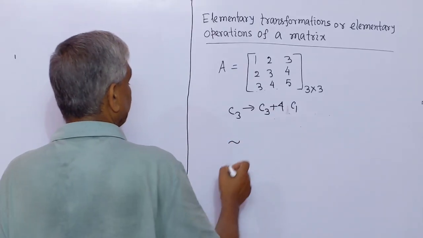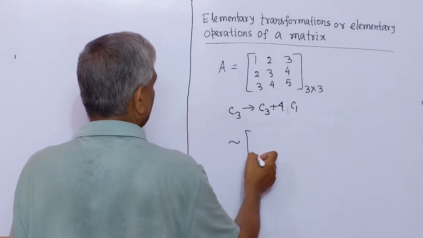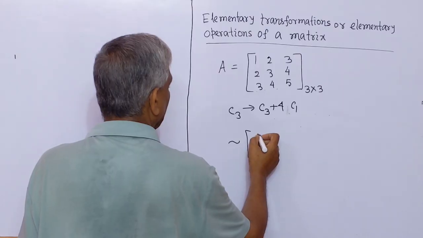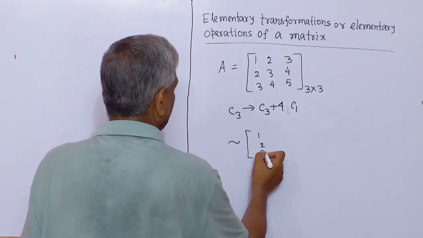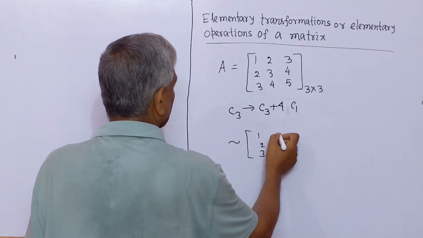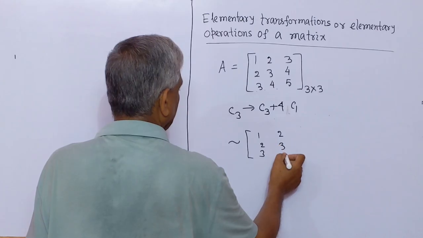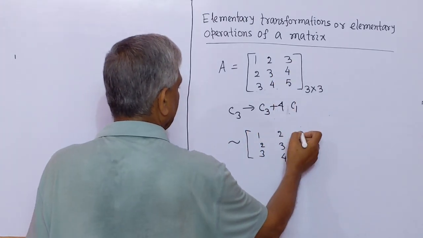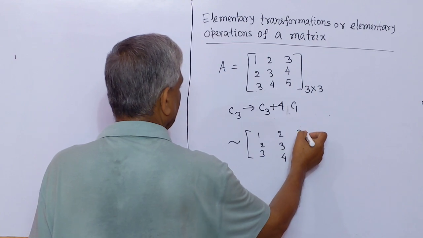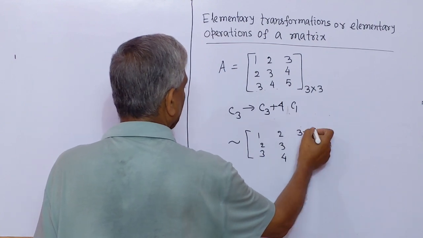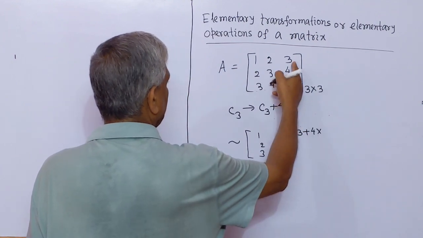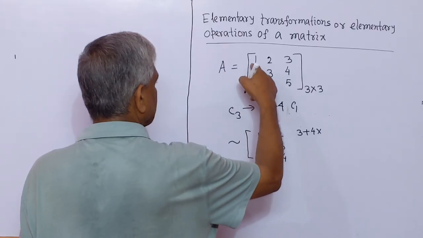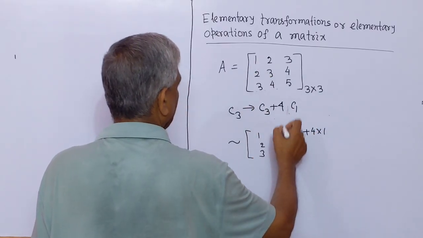The transformation will be of the form: we write column 1, 1, 2, 3, column 2, 2, 3, 4, and in the position of column 3, we write first the element of column 3 plus 4 multiplied by the corresponding element of the first column, 1.